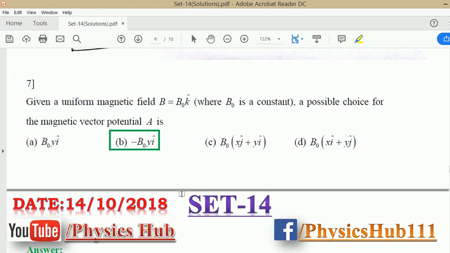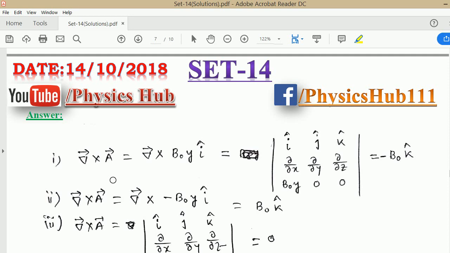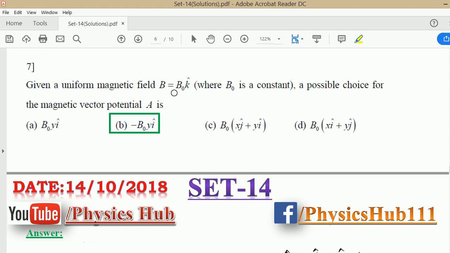Now moving to question number 7. Given a uniform magnetic field B equals B naught k, where B naught is a constant, a possible choice for the magnetic vector potential A is? Now what we do for such a question is check each and every possible option. As you can see, if we try option 1, we get minus B naught k, but we have to get B naught k, so this option is discarded.